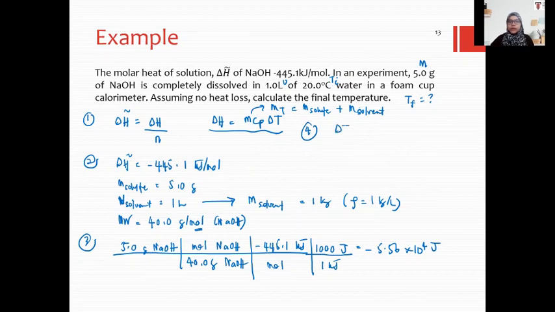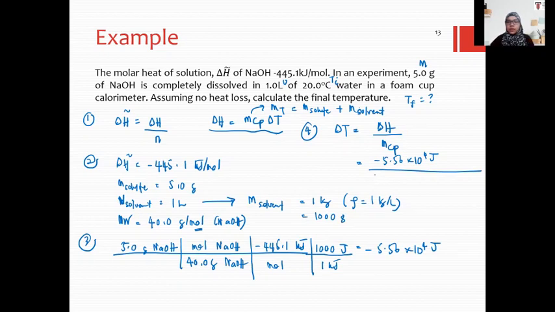So we have delta T equal to delta H over m Cp. The delta H is minus 5.56 joule. We have m, since this is 1 kg, you can convert into 1000 grams.